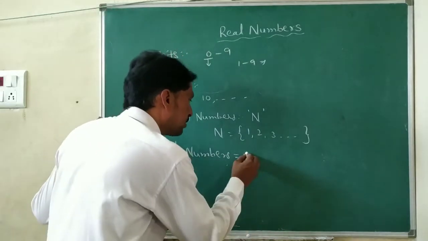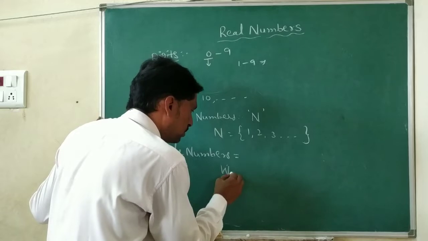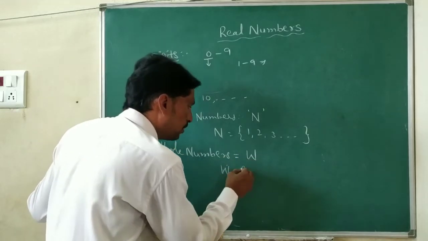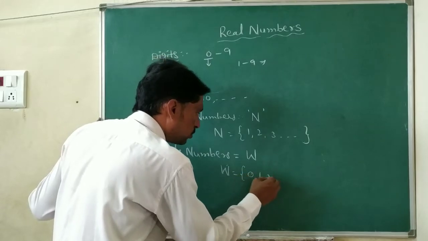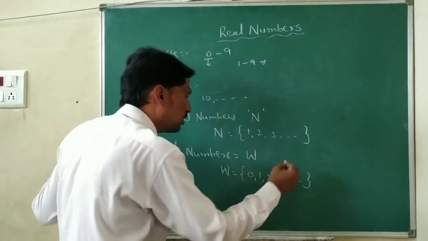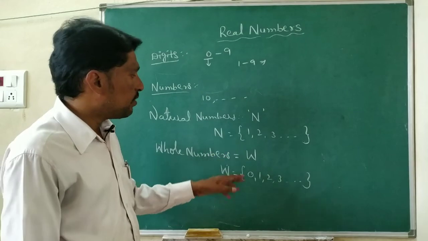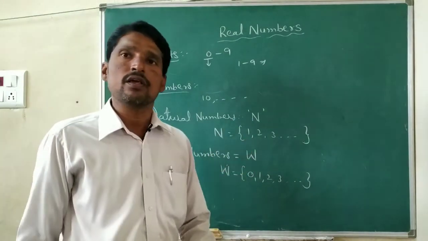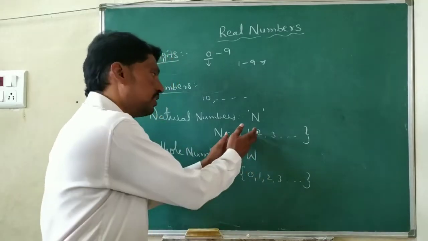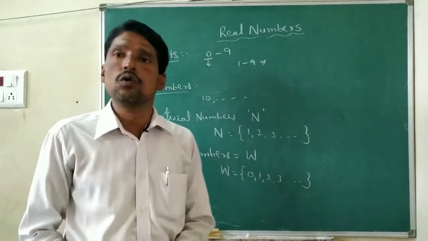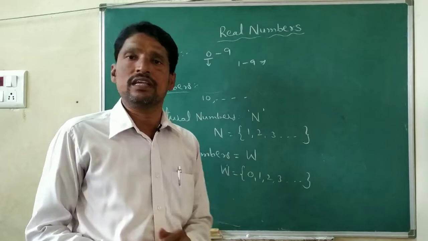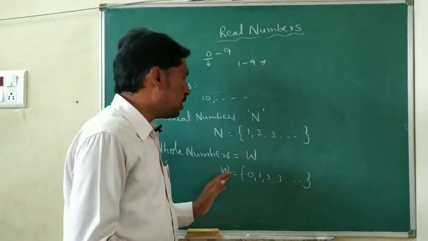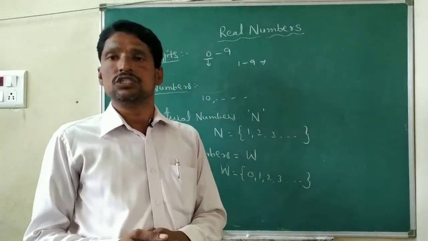We denote whole numbers by W. W equals 0, 1, 2, 3 and so on are called whole numbers. Here 0 is included to the natural numbers, which means we write 0 in the set and get the whole numbers. The natural number set starts from 1, while the whole number set starts with 0.